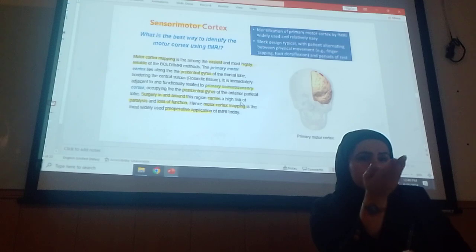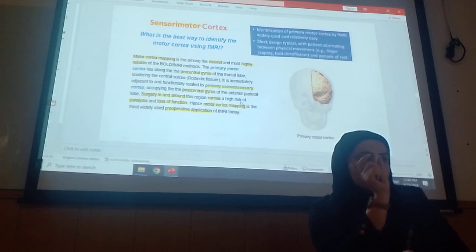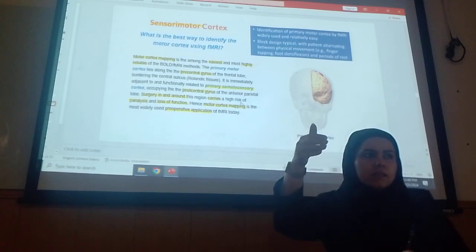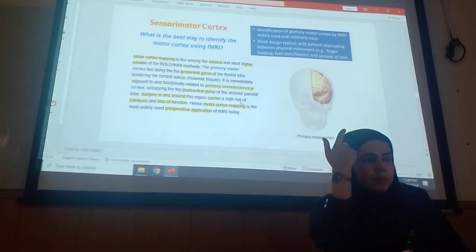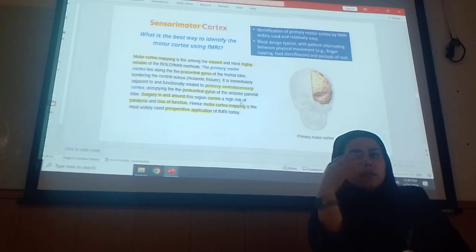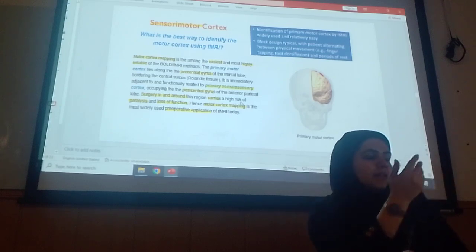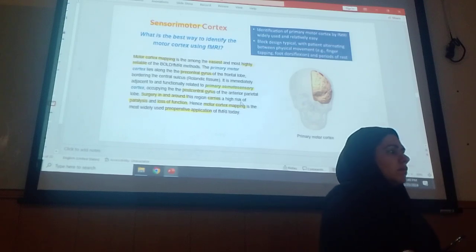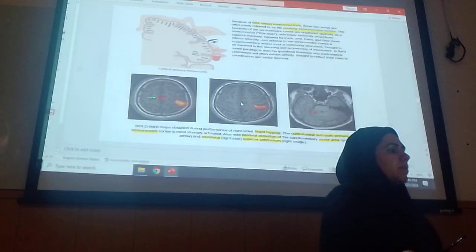The patient, the subject, is asked to tap her finger in a period of time, and we are capturing signals from the brain, and after performing some analysis, we can have motor cortex mapping like this.